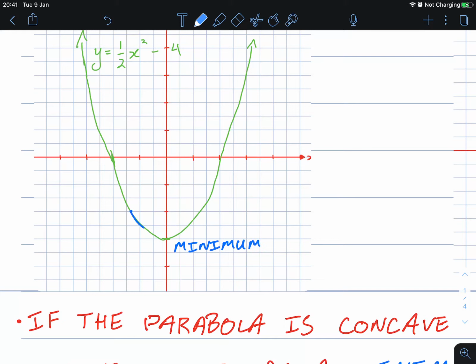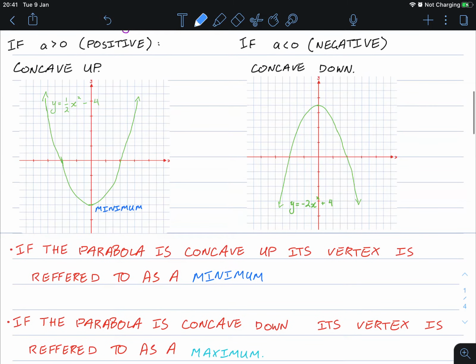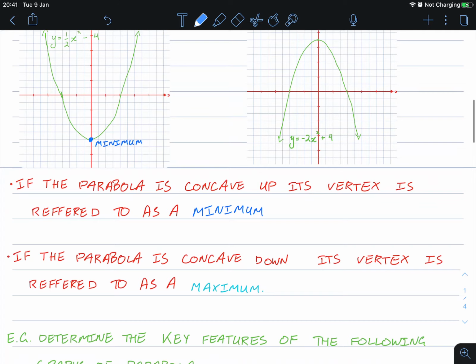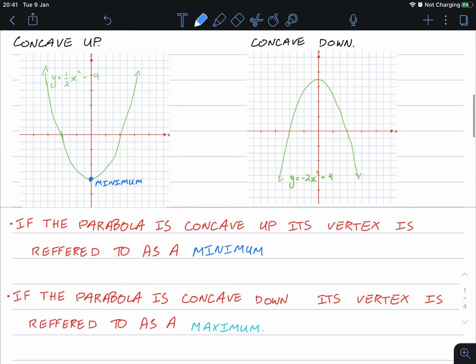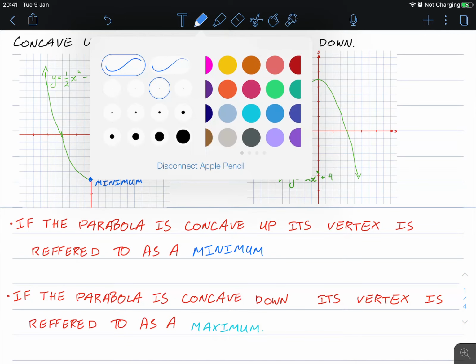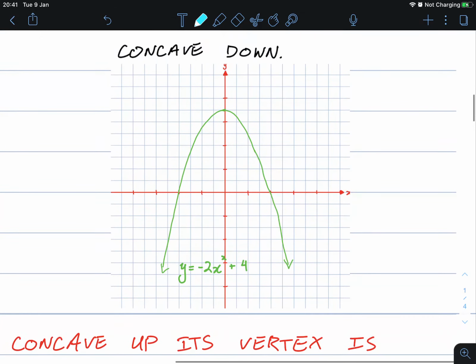The reason for this is because it is the lowest point of this graph. Alternatively, if the parabola is concave down, like here, its vertex is referred to as the maximum. So here's the vertex, and because it's concave down, that is the maximum.